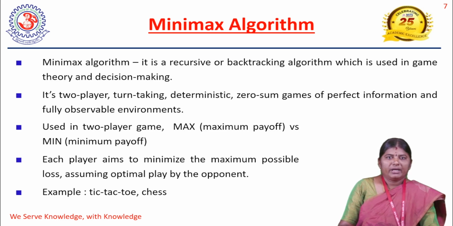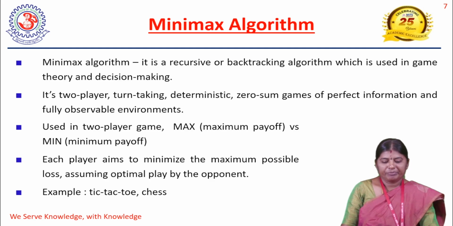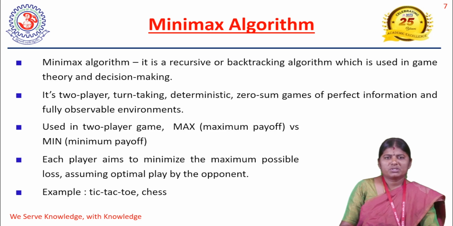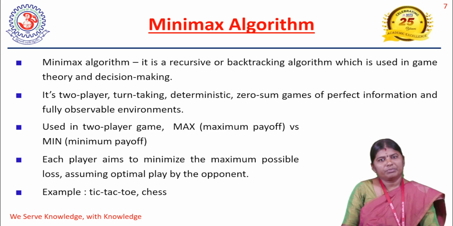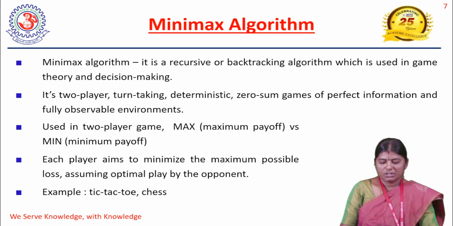Each player aims to minimize the maximum possible loss. So the optimal solution can be obtained by minimizing the maximum possible loss, assuming optimal play by the opponent. This can be applied to tic-tac-toe and chess. These are board games with precise rules, and they are the best examples for the Minimax algorithm.